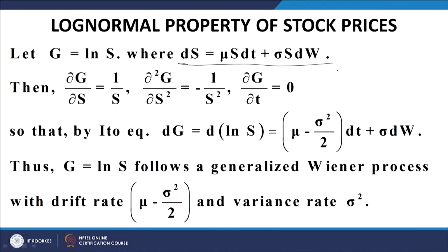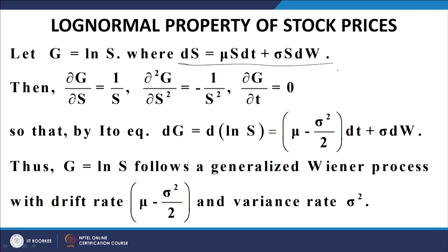Then we have, by standard calculus, the first derivative of g with respect to s is 1 by s, the second derivative of g with respect to s is minus 1 by s square. Because there is no explicit time dependence, dg upon dt is equal to 0.